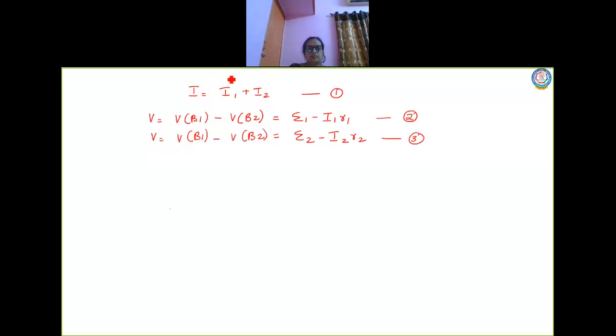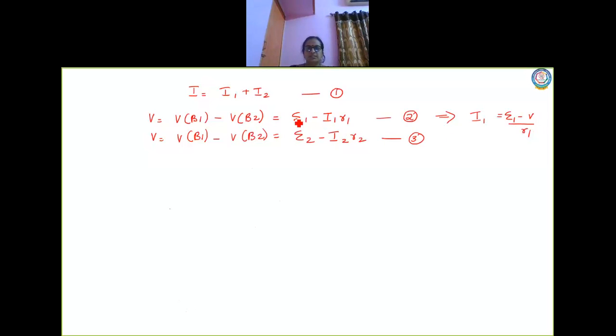Now what is the value of current? Here V is equal to psi1 minus I1 R1. So what will be the value of I1 here, children? I1 will be psi1 minus V by R1.